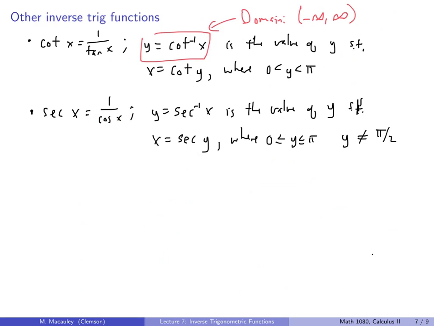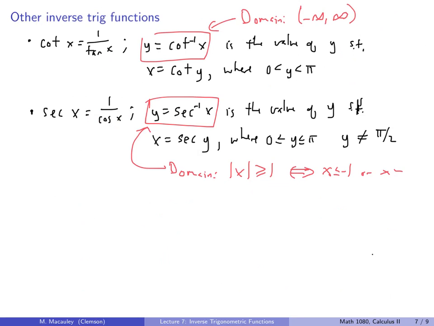So the domain of this one is absolute value of x is greater than or equal to 1, which is equivalent to saying either x is less than or equal to -1 or x is greater than or equal to 1.